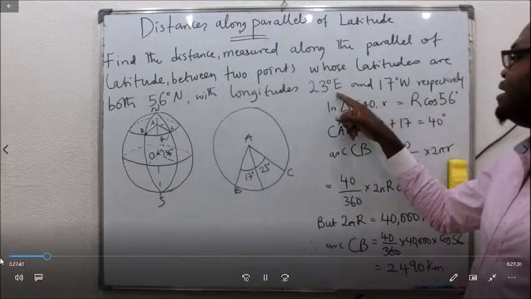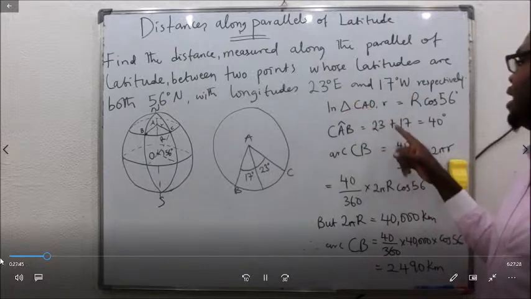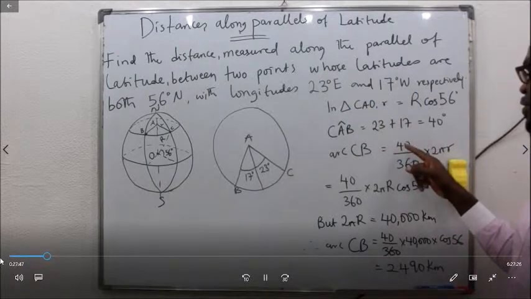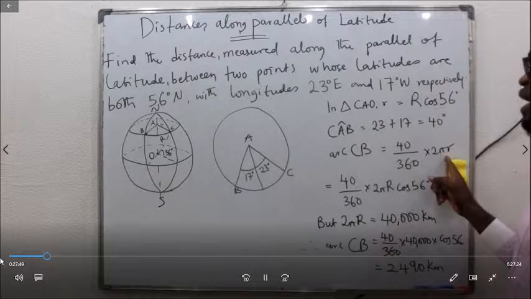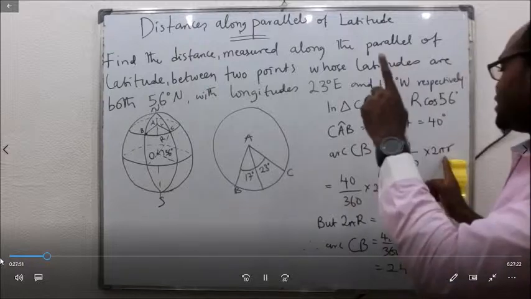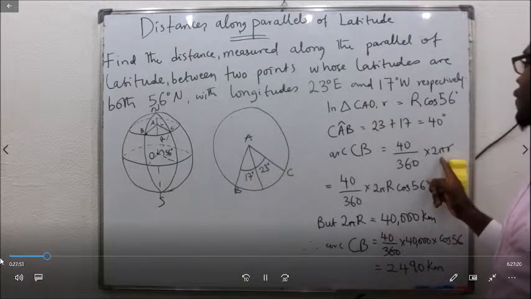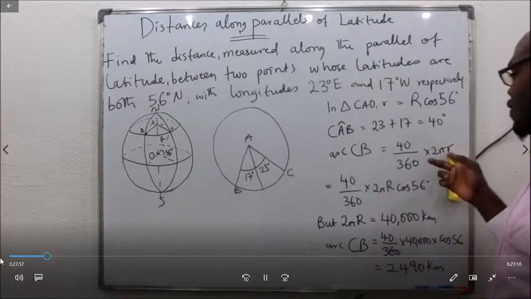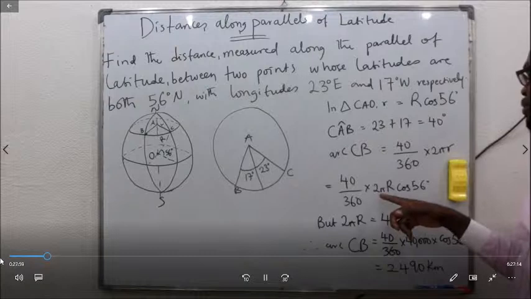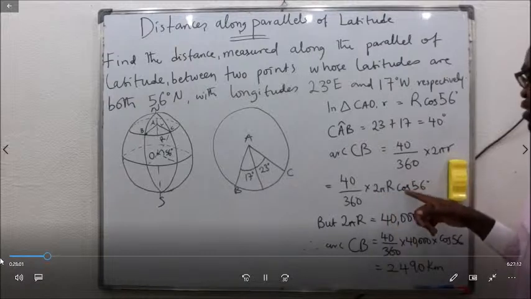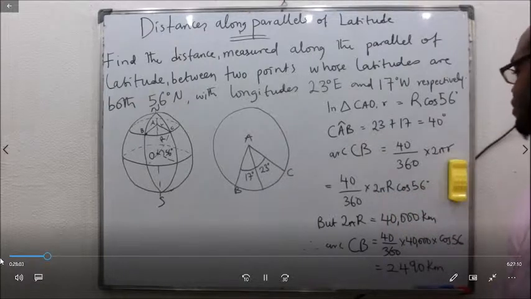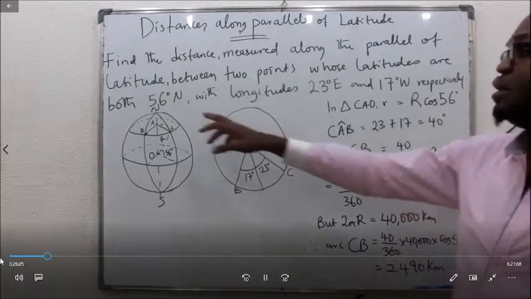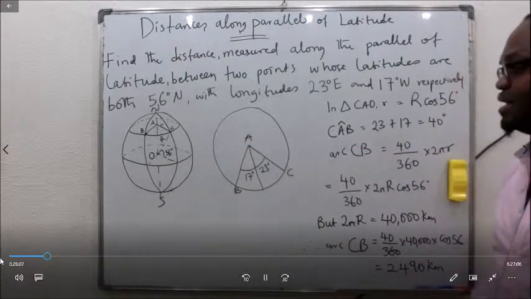But if it is east and west or west and east, add them up. Then the angle you get over 360 times 2 pi r, if it is for a great circle. But if it is for parallels of latitude, 2 pi small r, where the small r is equal to big R cos 56, cos the angle of the latitude. And that's how you go about it.